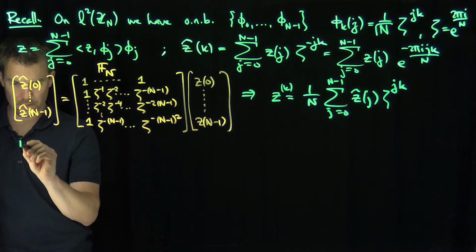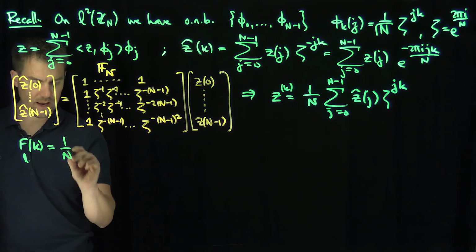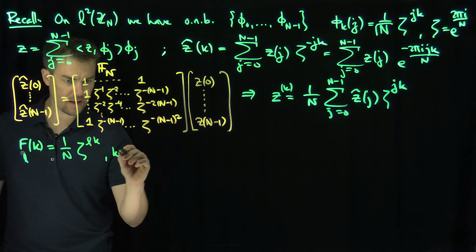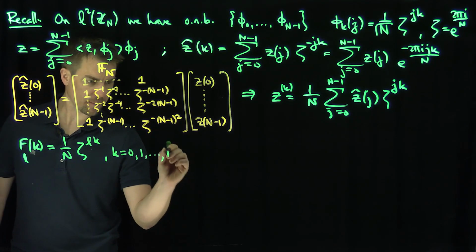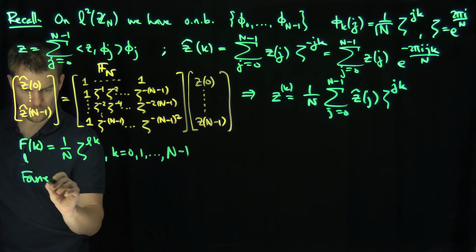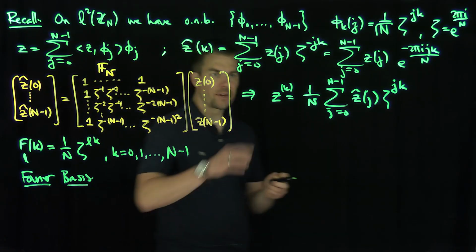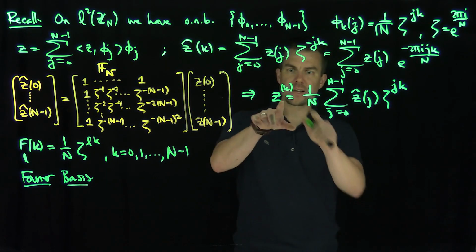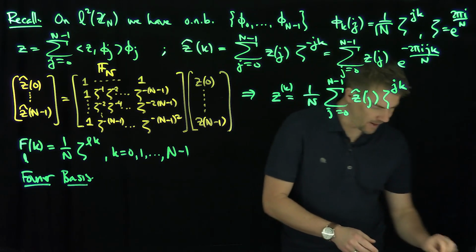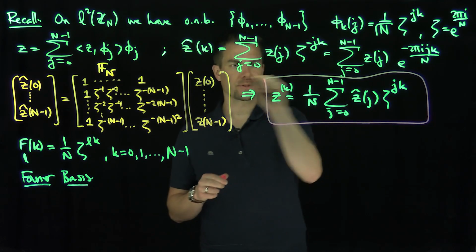We can define f lk to be 1 over n zeta to the lk, for k equals 0, 1 up to n minus 1, as the Fourier basis. And so this representation over here gives me a way of representing the function z in terms of the Fourier transform.